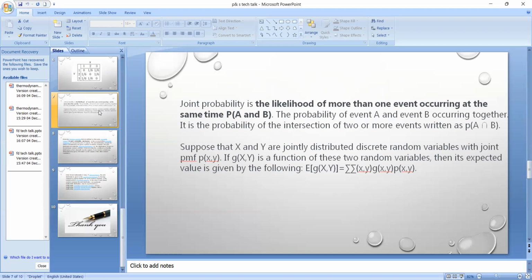If g of X and Y is a function of these two random variables, then its expected value is given by the following: E of g of X, Y equals the double summation over small x, small y of g of x, y into p of x, y.